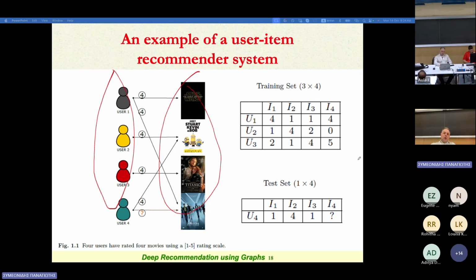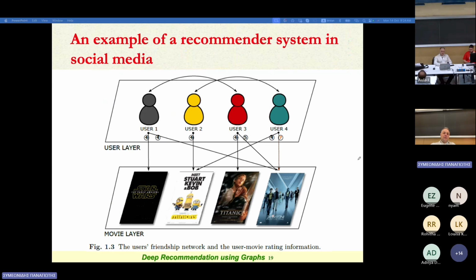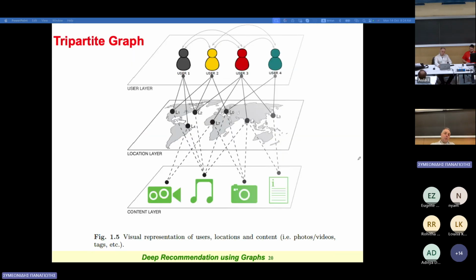And also, we could have other types of graphs like this heterogeneous graph, which does not have only the user item rating interactions, but also the friendship connections that connect the users of a social network, let's say, in this example. We can have even higher order graphs like tripartite graphs.